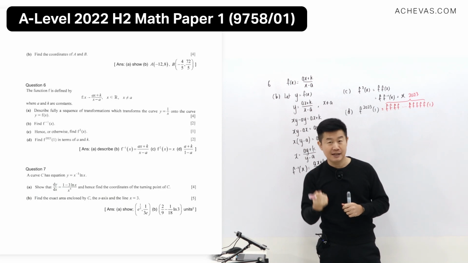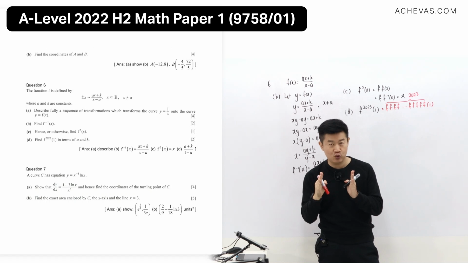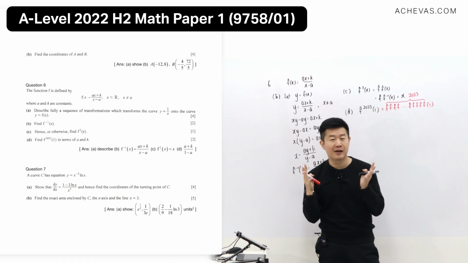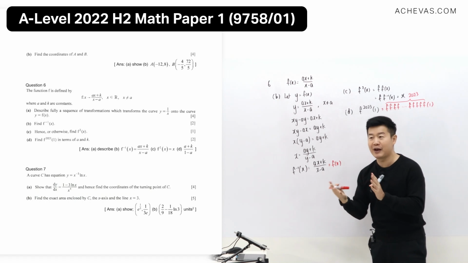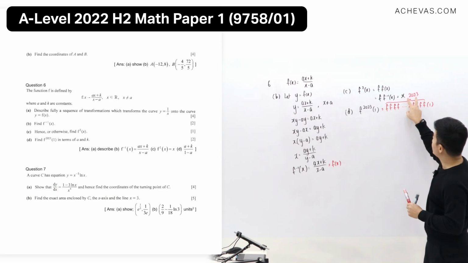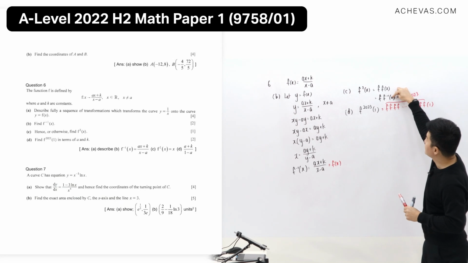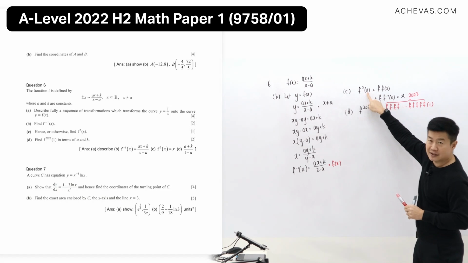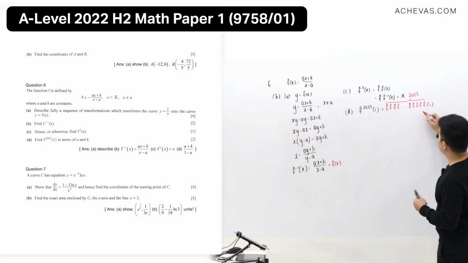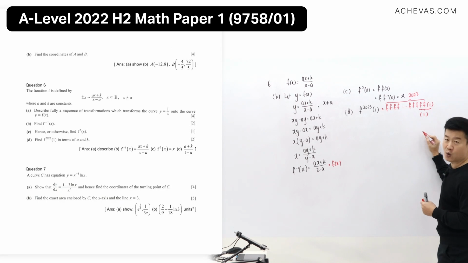And from part C, we know that if two functions of f are composite together, I'm going to be getting back this x, the input x. Which means that f squared of 1, I am going to be getting this back as 1.